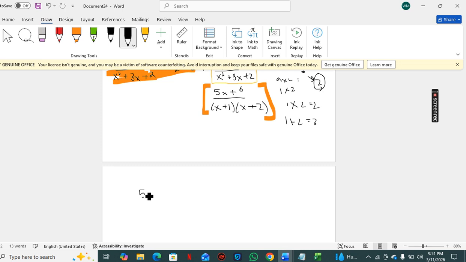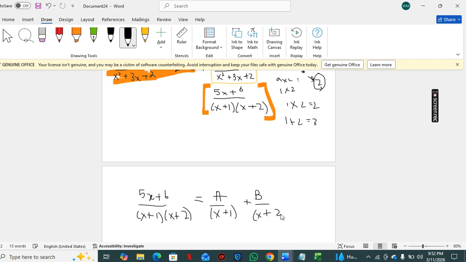Let's say 5x plus 6 over x plus 1 over x plus 2 equals, we're going to put here a over x plus 1 plus b over x plus 2.